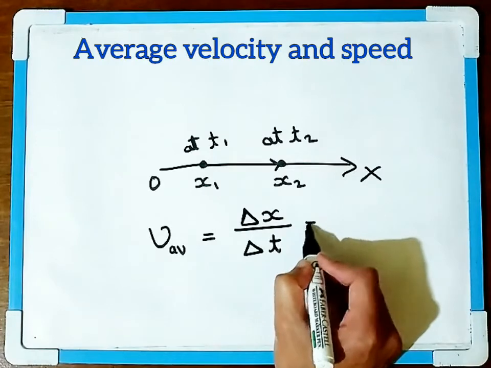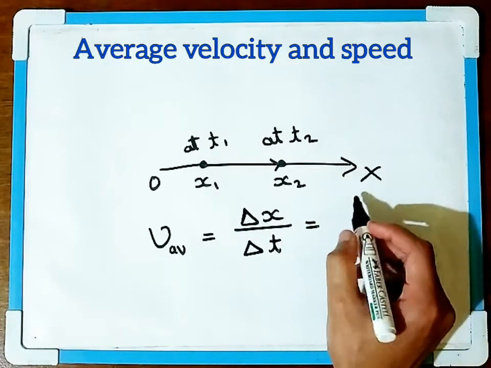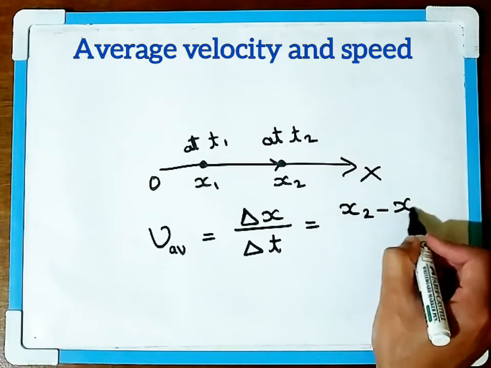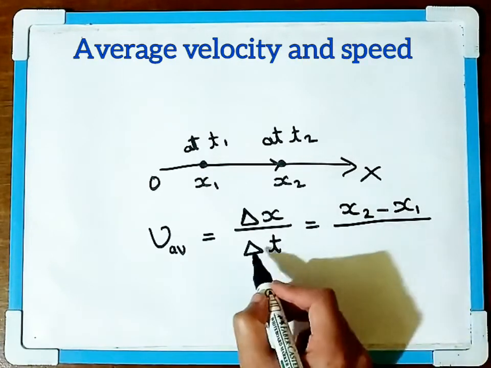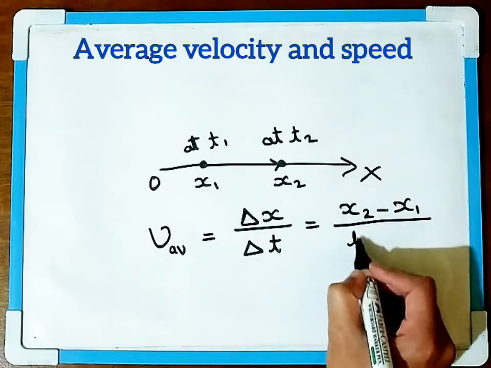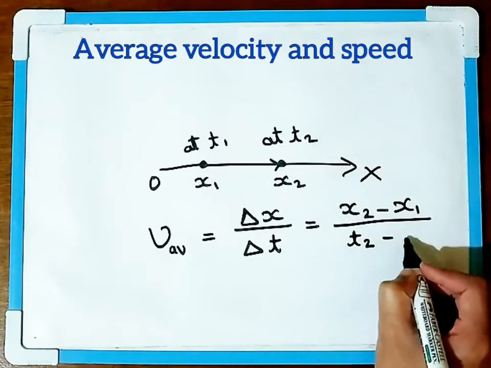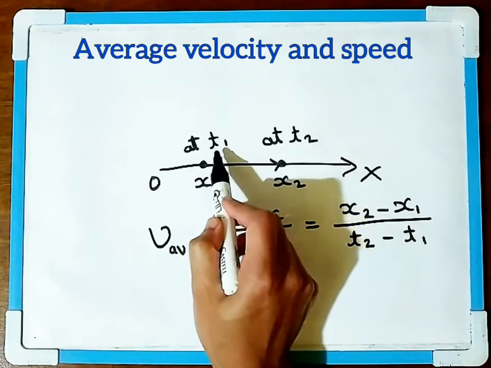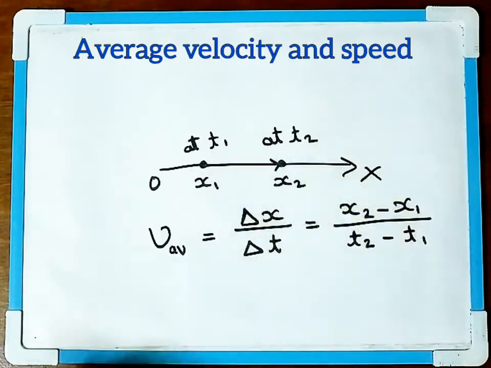And this delta x we have learned before. It is equal to x2 minus x1. And the time interval delta t is equal to t2 minus t1. So this is the average velocity. It is the displacement divided by the time interval. Now the time interval is the time between t1 and t2.